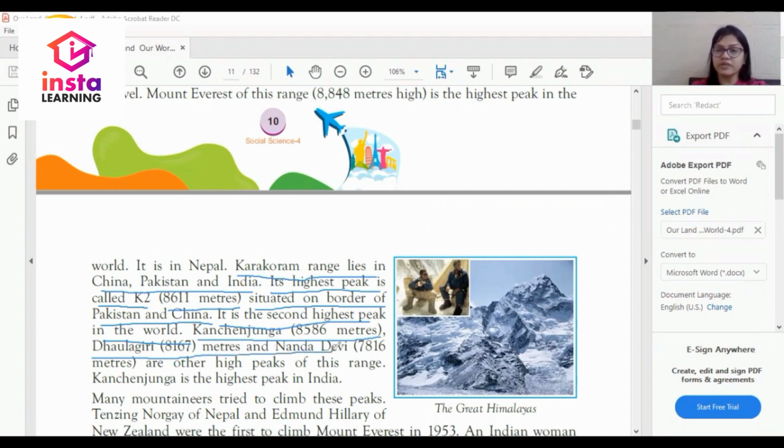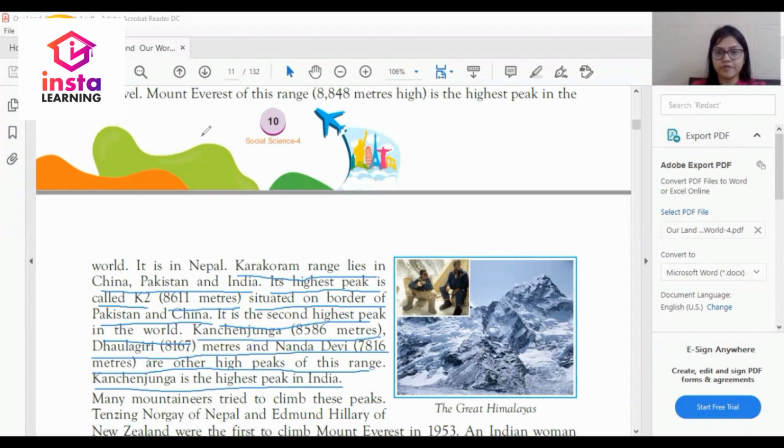And the Nanda Devi is 7,816 meters. These are other high peaks of this range. Kanchenjunga is the highest peak in India. So, dear student, this is very important that you should understand and you should learn as I am revising it.